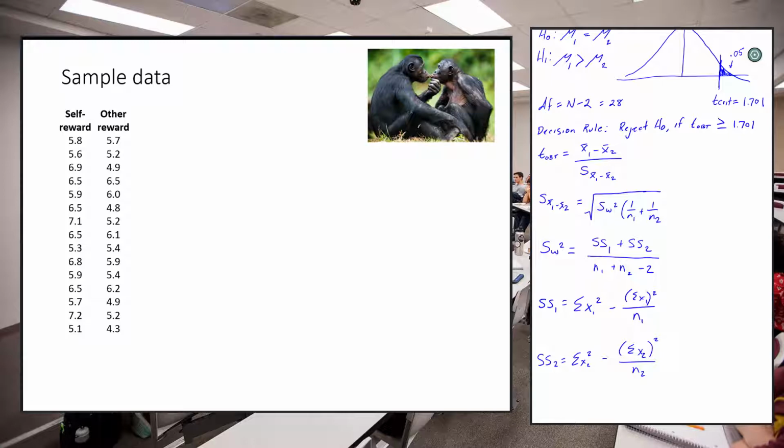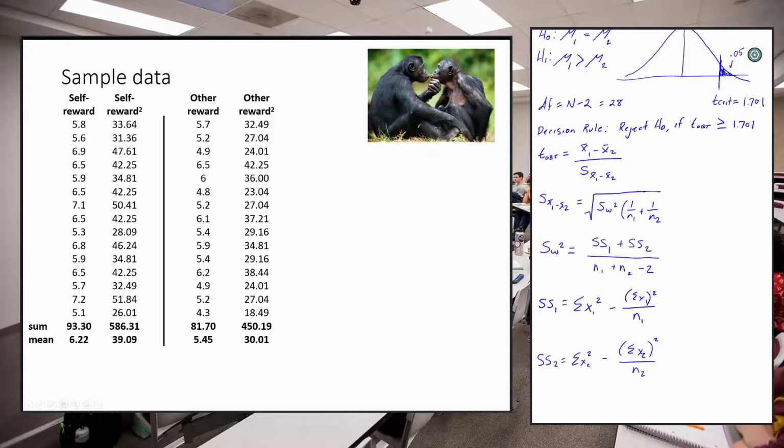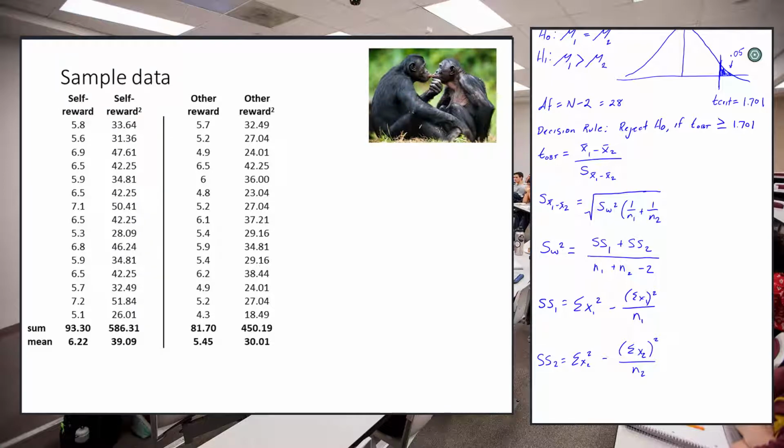Now, just like before, whenever we would compute sum of squares, we're going to create the sum of each of the sample columns and the mean. And then we're going to make a column where we square the values in the self-reward column and then sum those up as well. Now, importantly, you have to do this for both samples.